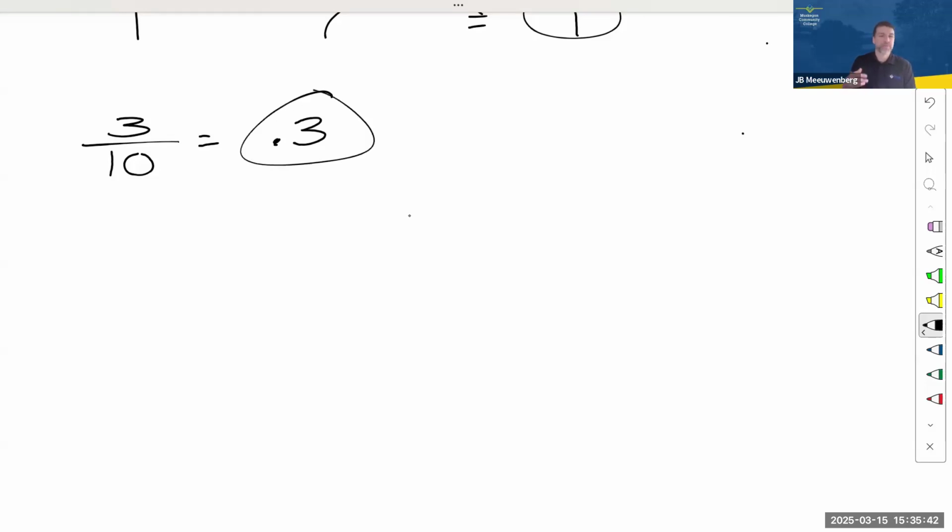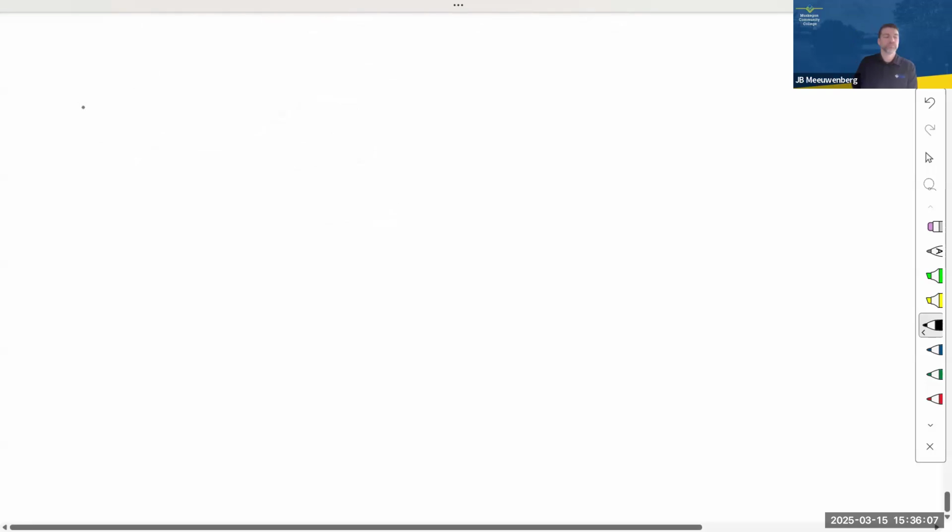So a decimal number like 0.3 is also a rational number because 0.3 can be written as 3/10. Remember, it all goes back to, can it be written as a fraction? So decimals can be fractions as well. We're going to find out that some decimals can, but not all decimals. So let's examine some of those.